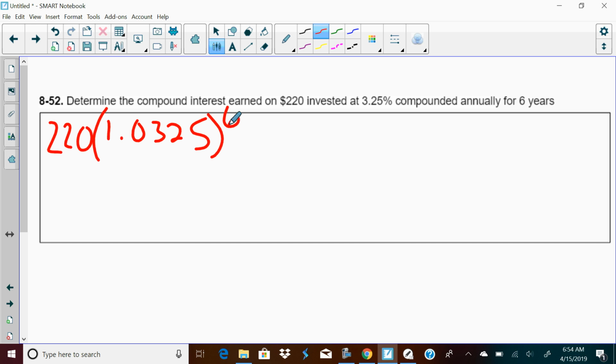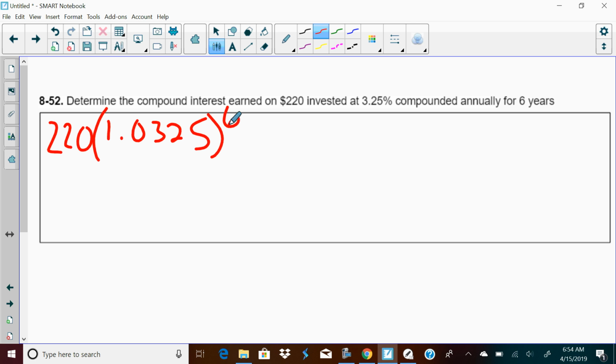So I just put it right in my calculator. And it gives $220 times 1.0325 to the 6th power.